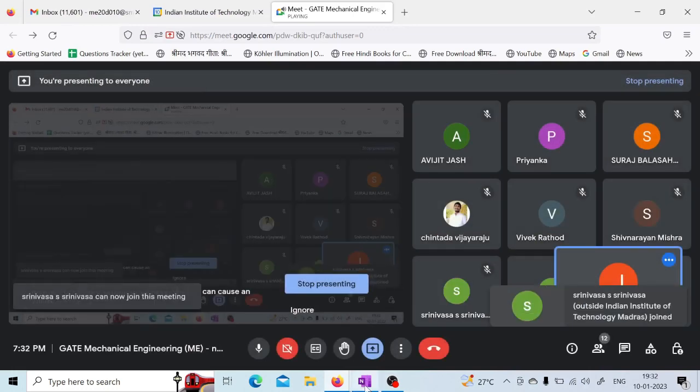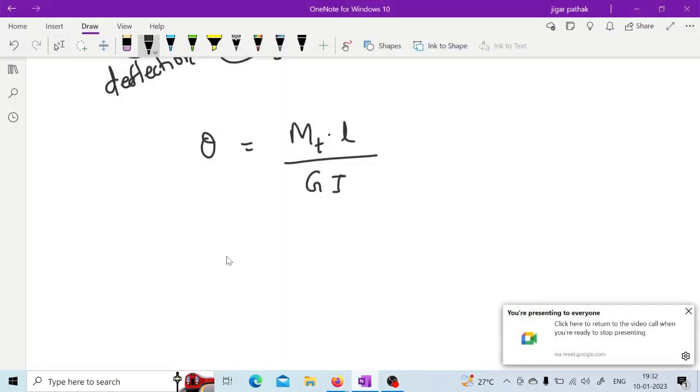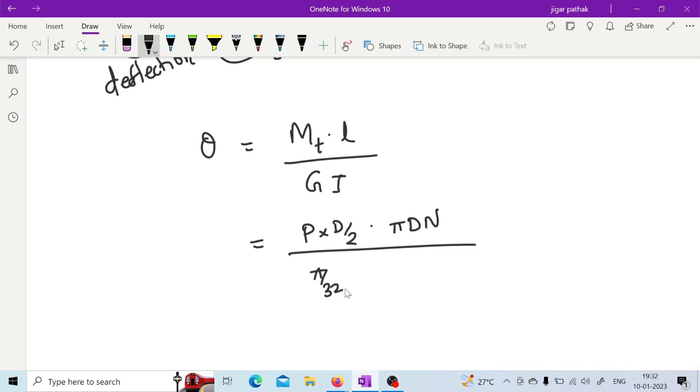So now if you put the values in this particular equation, then you know Mt is nothing but P into d by 2, and you know L is nothing but pi d into n, right? Similarly, this J is nothing but pi by 32 d raised to 4, and G is as it is, right?